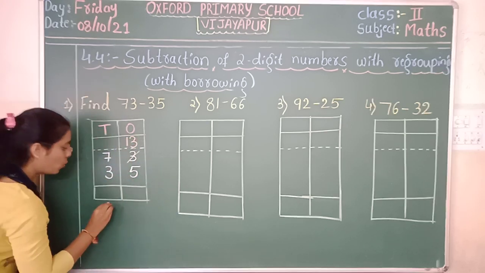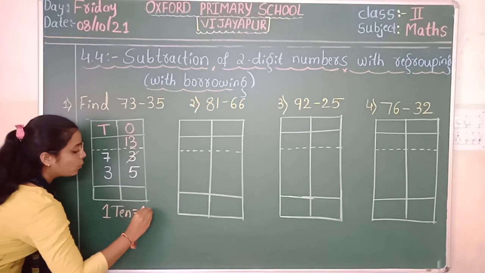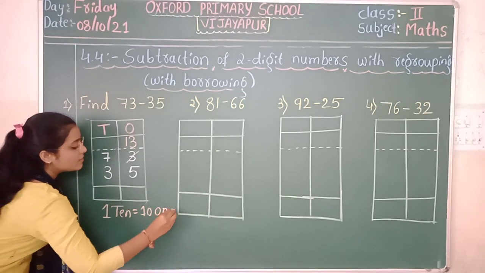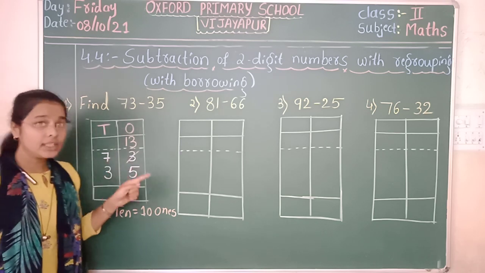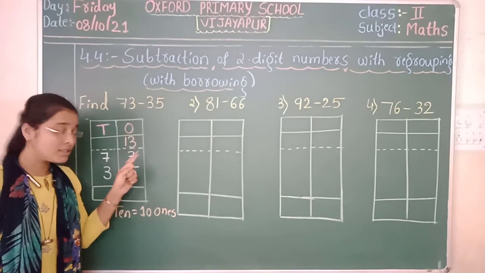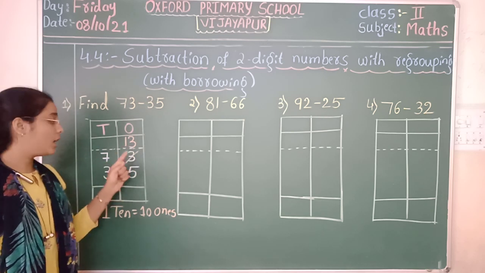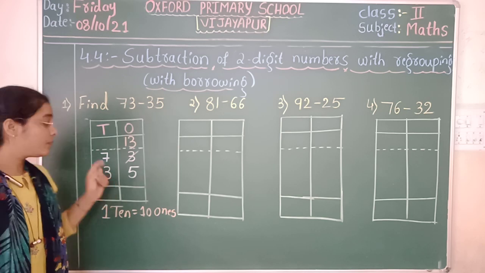Here 1 ten is equal to 10 ones. Isn't it? Taking 1 from the tens, we get 10 ones. 10 plus 3 is 13 ones. Now what we got? 13.